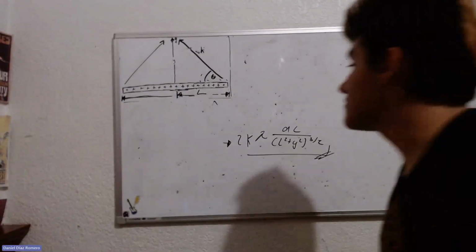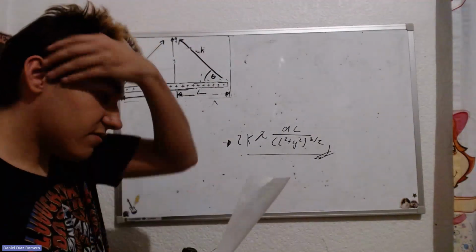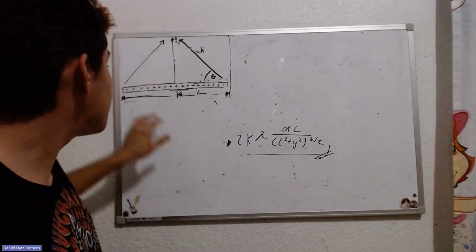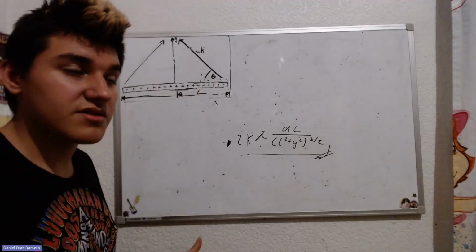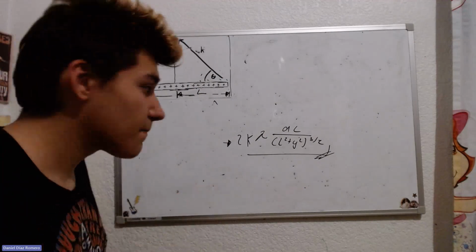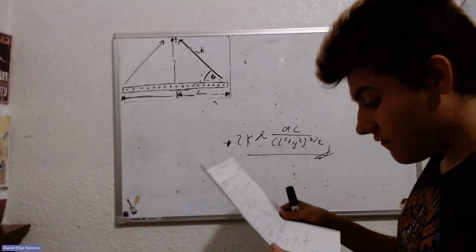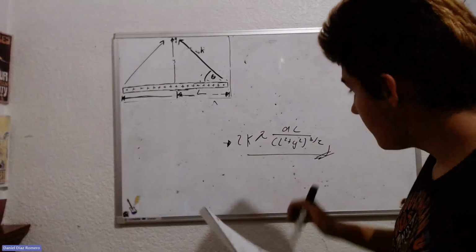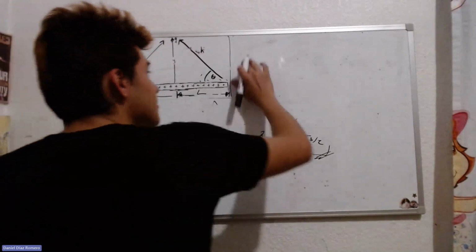Oh, something I forgot to mention about lambda is that it only works once the Q is uniform, as we can see here, because they share the same charge in all the surface. That's a property of lambda. So we have this, and we can't rearrange this function any further.